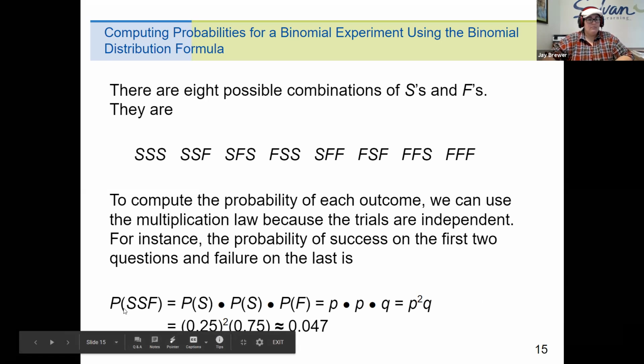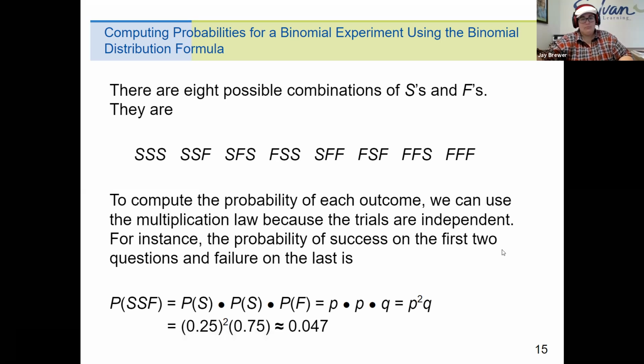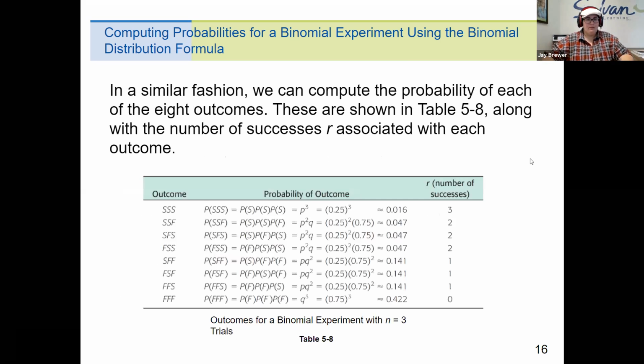So then the probability of SSF is roughly 0.047. Questions with how they came up with that? No? Good. In a similar fashion, we can compute the probability of each of the 8 outcomes.